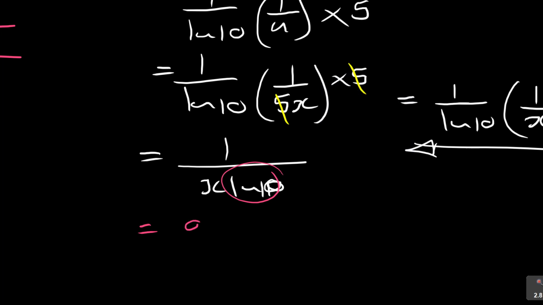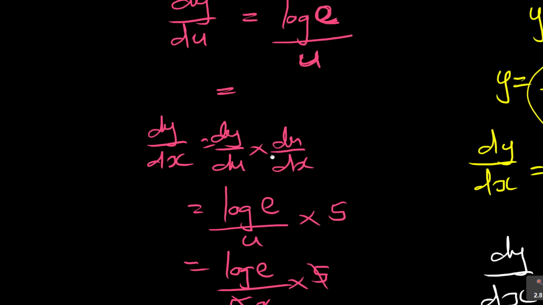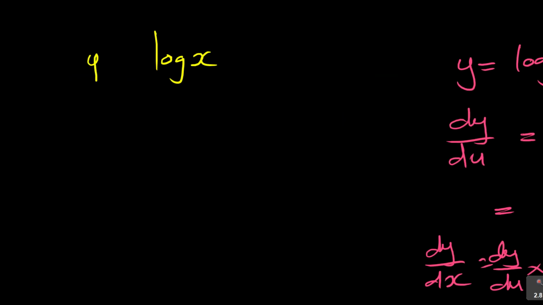Yes, there, 0.43. So it's the same thing, it will work out the same. Okay, all right. So which means, don't forget, if I'm to differentiate log x, that is y equal to log x. Yeah, I think this is it.